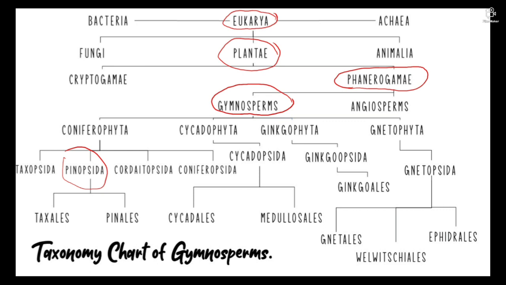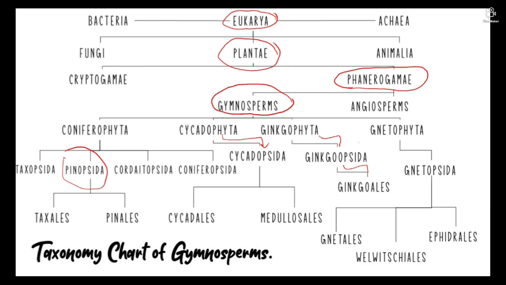It divides into two orders, which are Taxales and Pinales. Then we move to Cycadophyta, and it produces one class, Cycadopsida, and from the Cycadopsida it divides into two orders, which are Cycadales and Medullosales. Next we follow Ginkgophyta, which divides into one class also, which is Ginkgopsida, and the final product is Ginkgoales, which is the order for the Ginkgophyta.